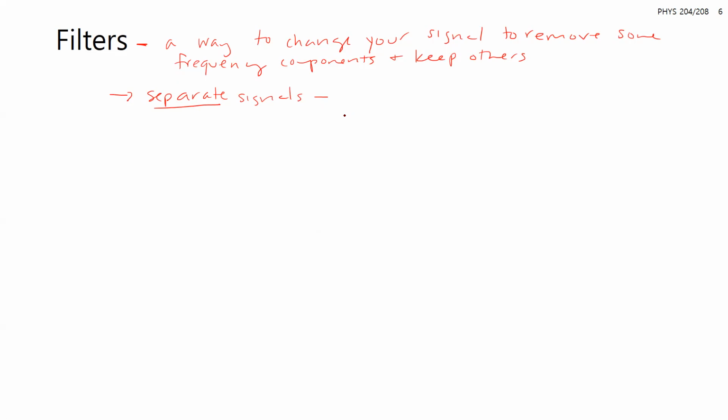So if you had signal and noise, that would be a nice example: you have a desired signal and you want to remove it from some contamination, with noise or some other interference, like environmental noise.